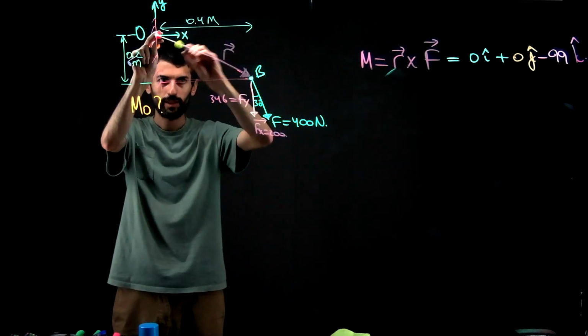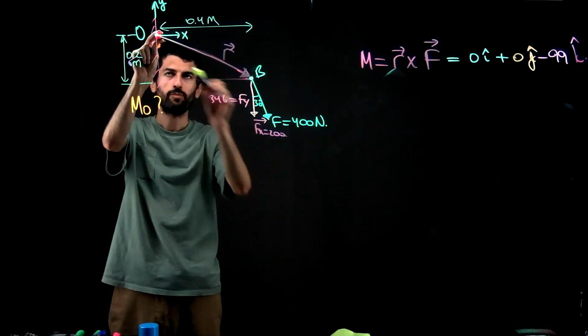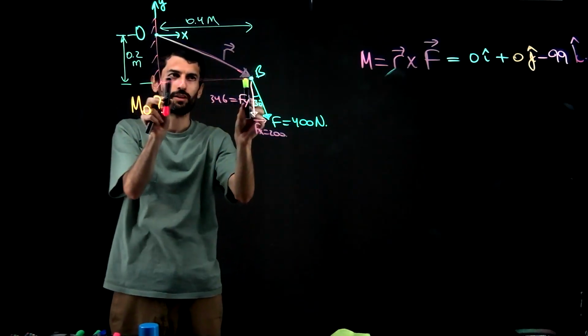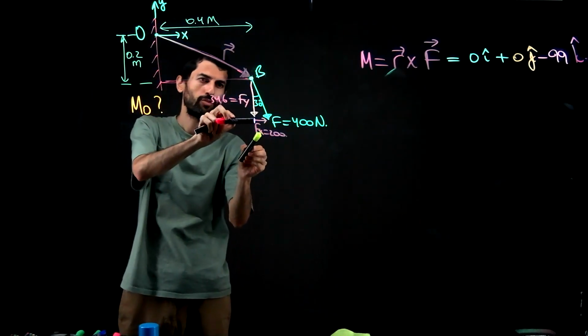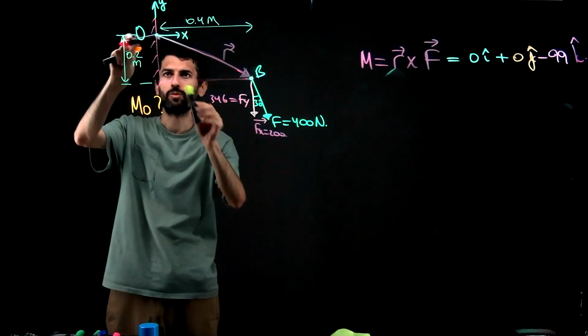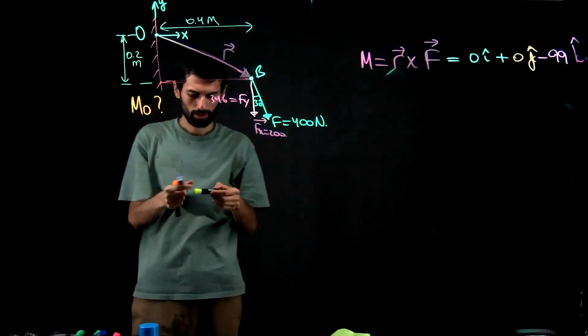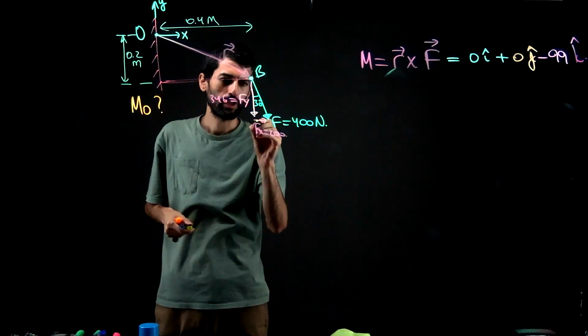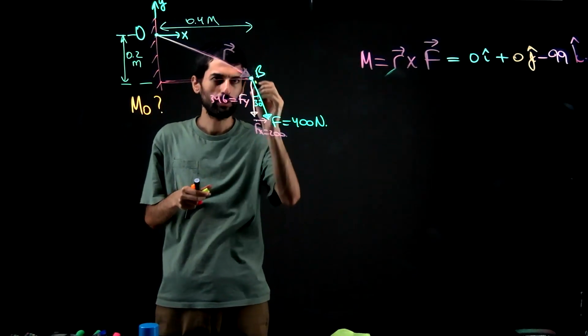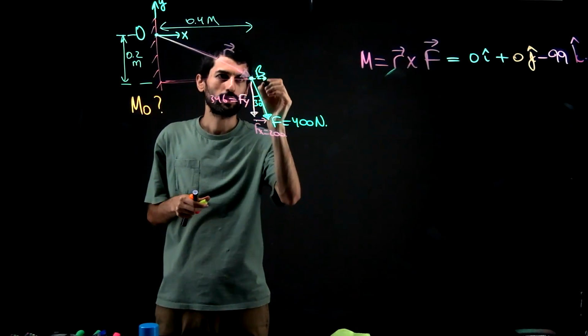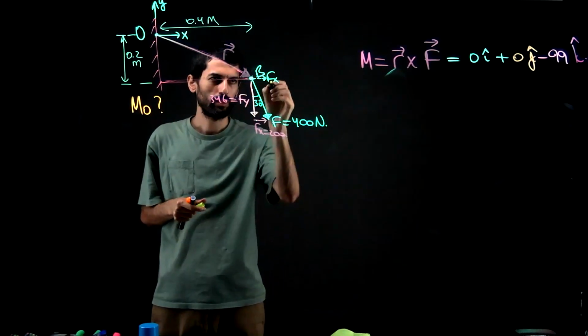F_y about point O has an arm of this much, and F_x about point O has an arm of this much. I have drawn F_x here, but you can do it here as well. That's the same F_x.